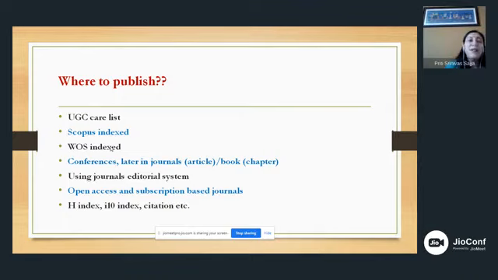Good journals have their own submission systems. Consider the journal's indexing, h-index, i10-index. If you do not know anything, stick to the first three: UGC CARE list, the Scopus index, and the Web of Science index. These are the three things you should consider.